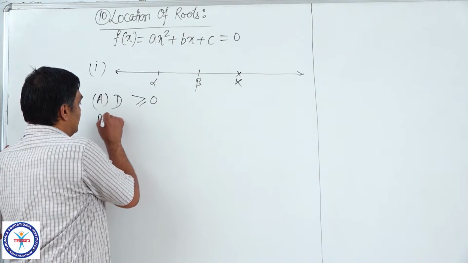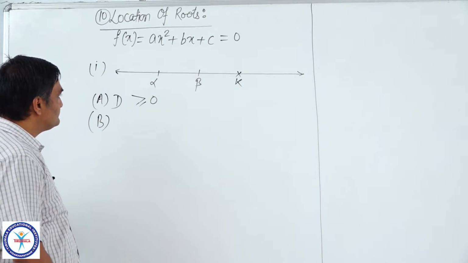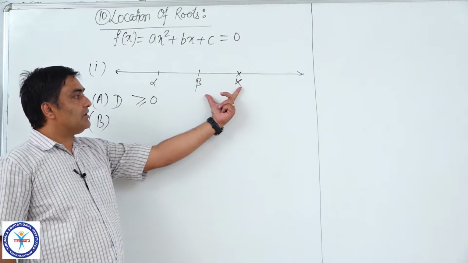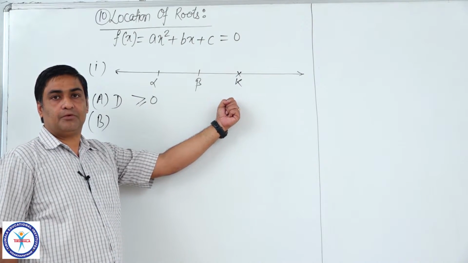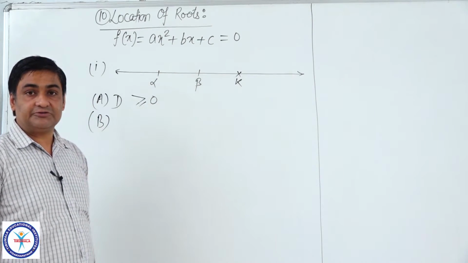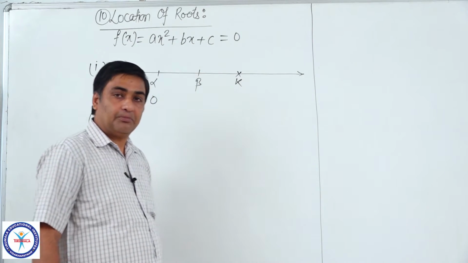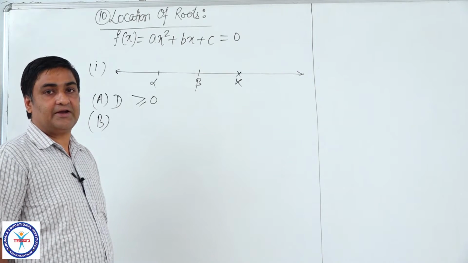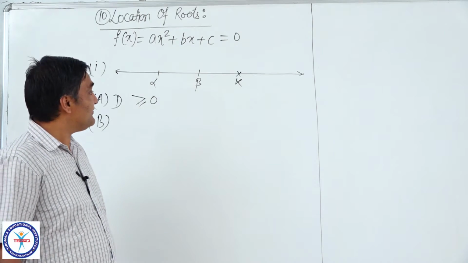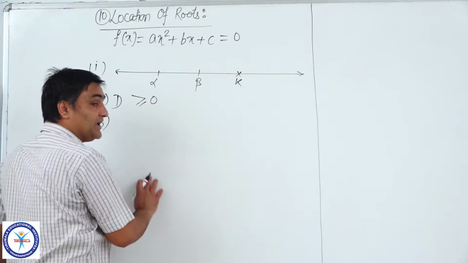The second condition is, what is k? Outside the roots. And if you recall the sign scheme, the sign of quadratic expression outside the roots is same as the sign of coefficient of x square.